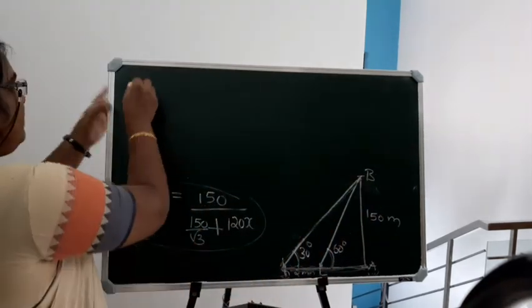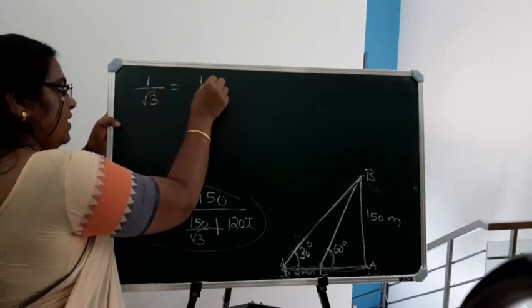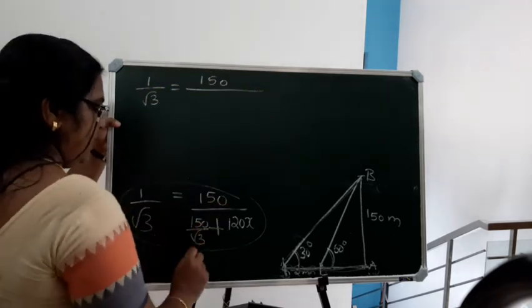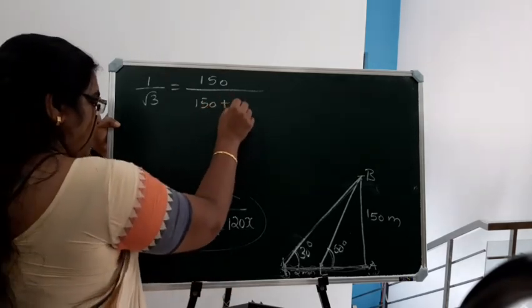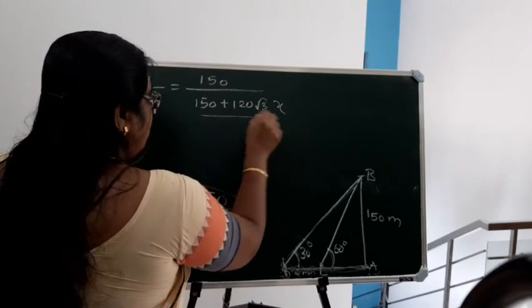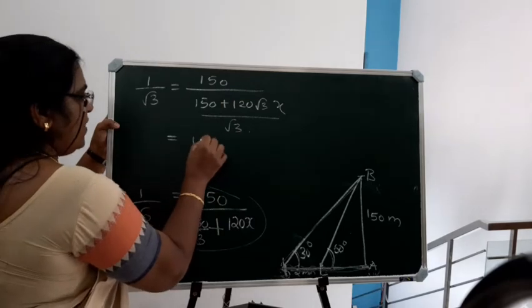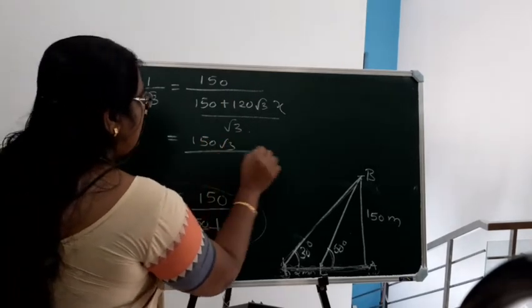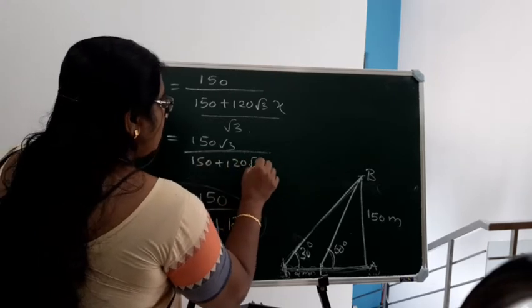So this is 1 by root 3 equal to 150 divided by, taking LCM root 3, (150 plus 120 root 3 x) the whole divided by root 3, which is equal to 150 root 3 divided by (150 plus 120 root 3 x).